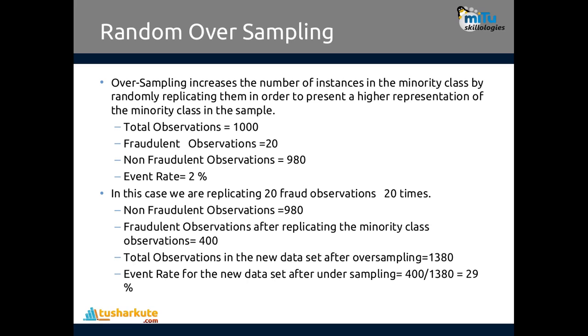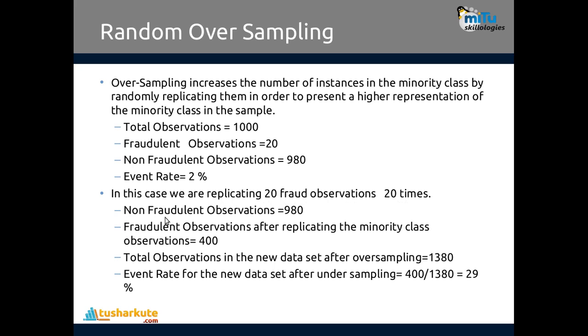In contrast, we have one more method which we can use. It's called random oversampling. Oversampling increases the number of instances in the minority class by randomly replicating them in order to present higher representation of the minority class in the sample. Let's continue with a similar example. Total observations are 1000 rows, fraudulent are 20, non-fraudulent are 980, event rate obviously 2%. In this case, we are replicating the 20 fraud observations 20 times.